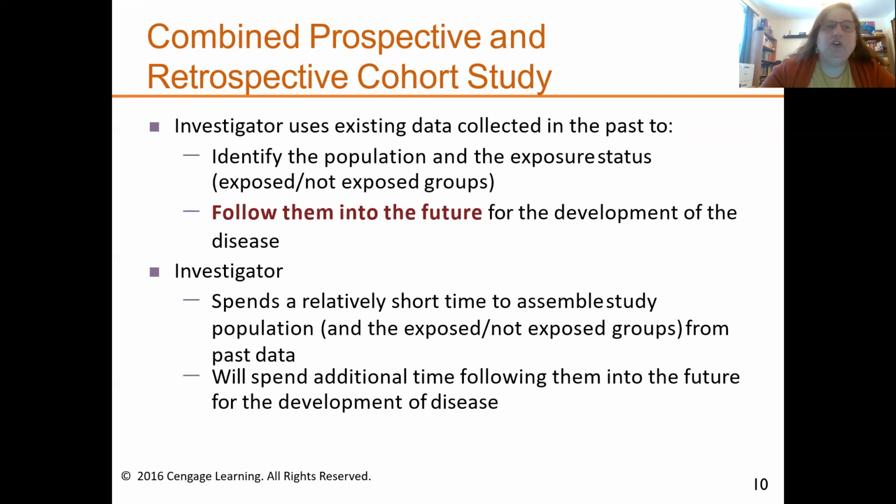You're using historical data to identify that, but you are following them to see the development of the disease. So this is also nice because you spend a relatively short time to assemble the study population and the exposed and not exposed groups from past data, but you are going to spend the additional time following them into the future for the development of the disease. This is a little bit cleaner than the retrospective cohort study, in my opinion, but again, it takes more time.